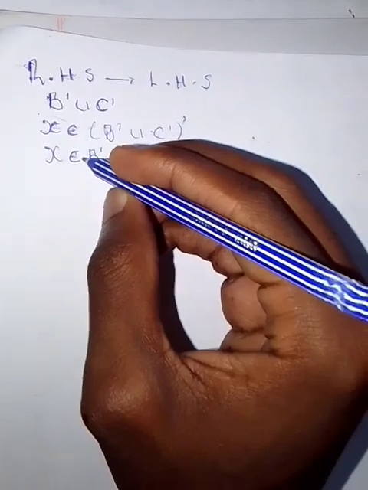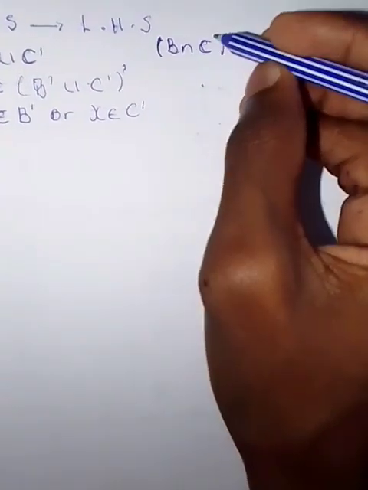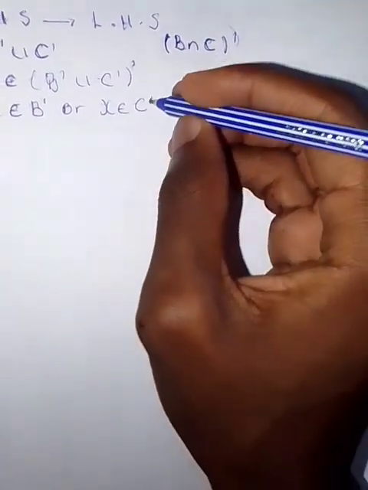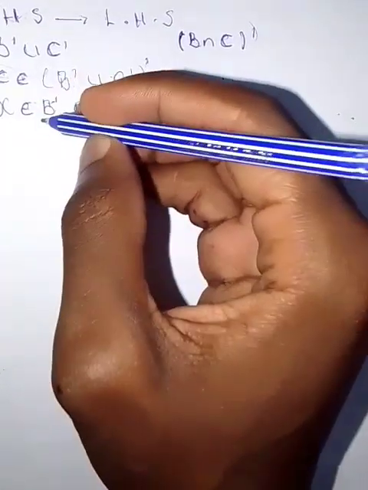Remember we are targeting to be left in this format, right? So now we are going to reverse this. It is now going to be reversed into the other format it can be written.